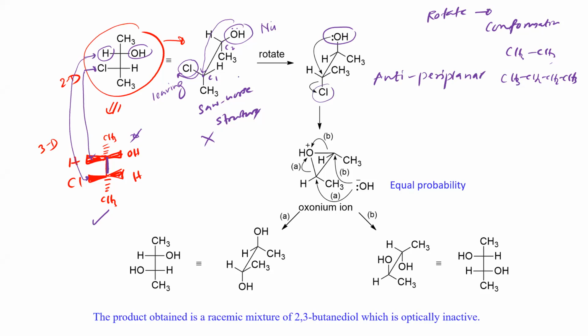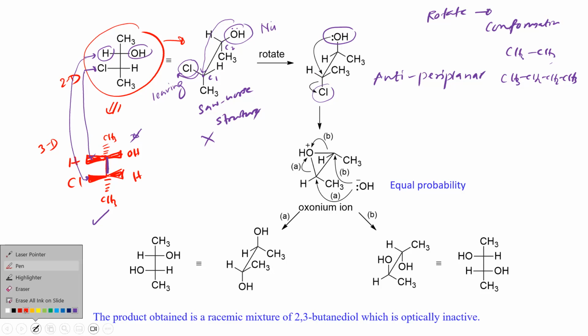Therefore, the first thing you need to do is rotate the molecule until you get this anti-periplanar situation. The stereochemistry does not change. You rotate both carbons so that hydroxyl and chlorine are anti-periplanar to each other.